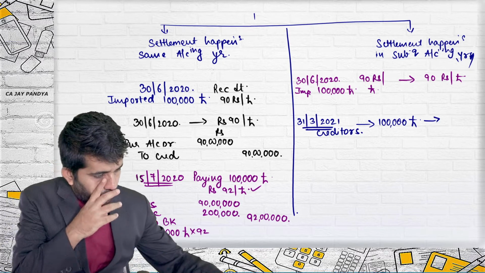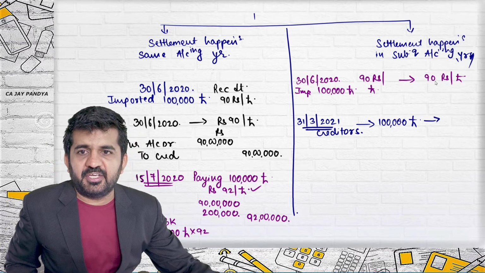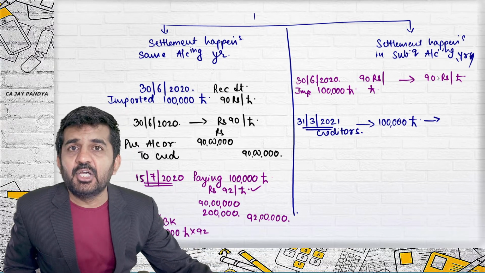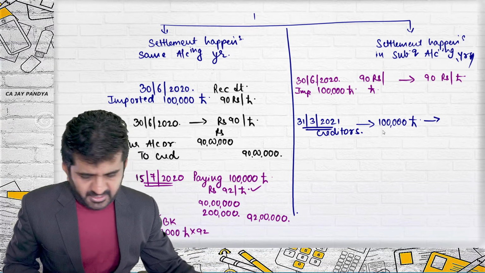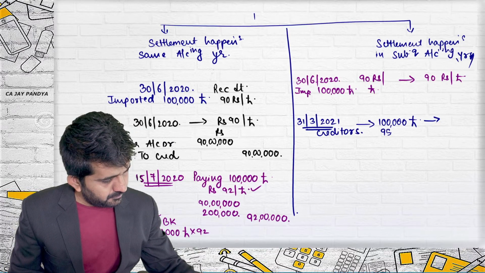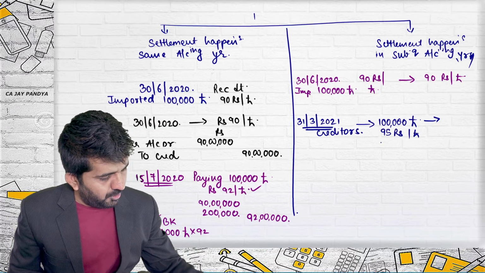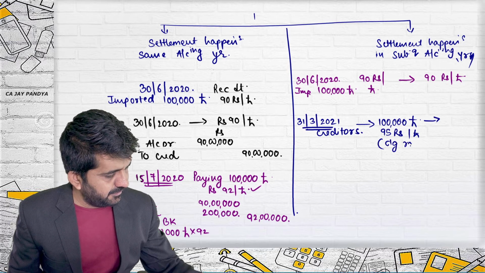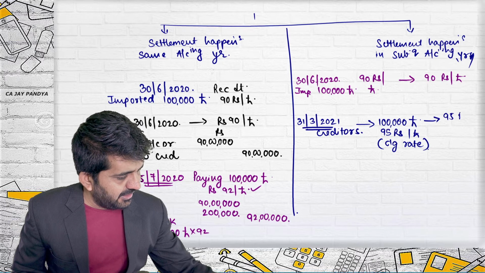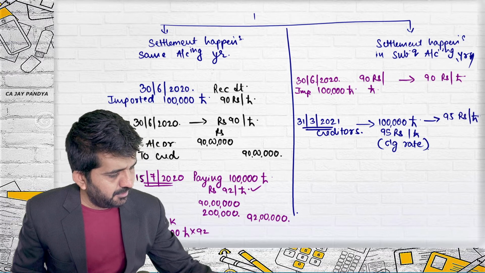So as it is a monetary item, it will be converted at closing rate, and say closing rate is 95 rupees per pound. So it will be converted at 95 rupees per pound.